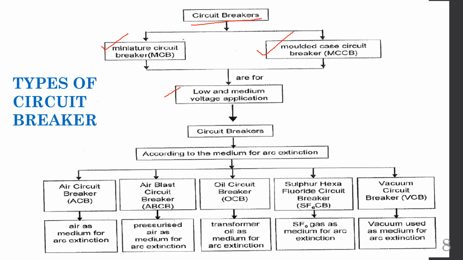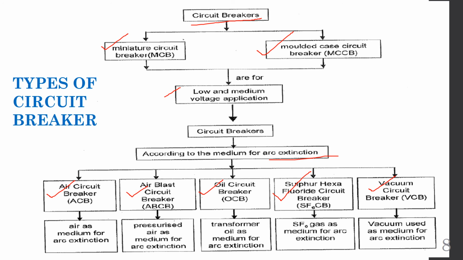Also, according to the medium of arc extinction, circuit breaker can be classified into air circuit breaker, air blast circuit breaker, oil circuit breaker, SF6 circuit breaker, and vacuum circuit breaker. These all are defined according to the medium of quenching the arc.